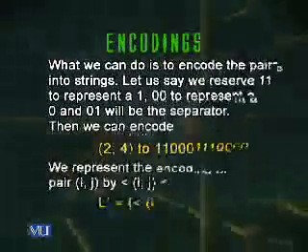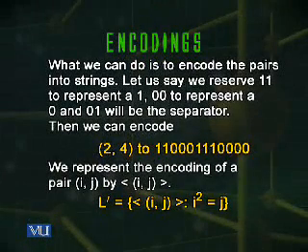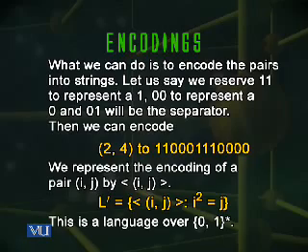Of course, there can be other more efficient ways of encoding. We are not going to get into this discussion, but the major point is that pairs of integers can be encoded into strings of zeros and ones. So we can define this new language L prime, which is the encodings of all pairs (i, j) such that i squared is equal to j. This is now a language over {0,1}*.